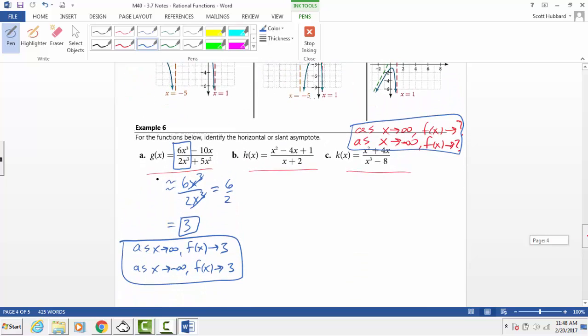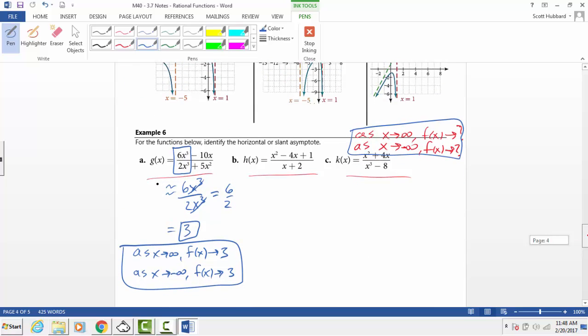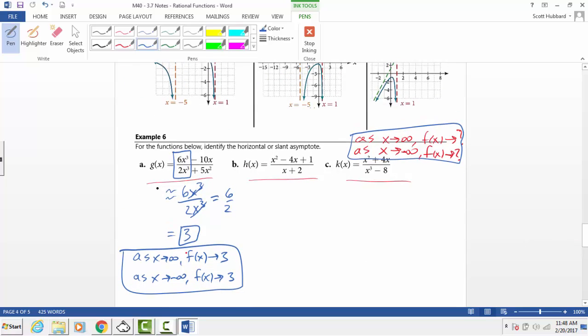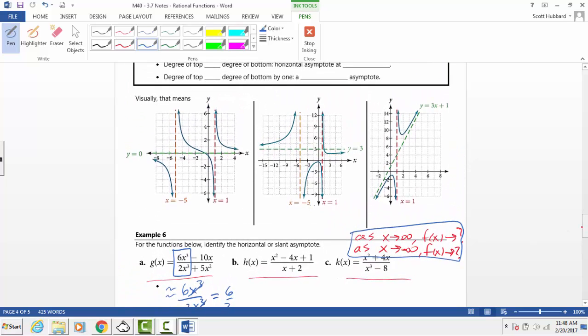And that example of where the powers were the same and the end behavior was just that number is sort of like right here. So this is like example 1, where the graph just goes to 3.